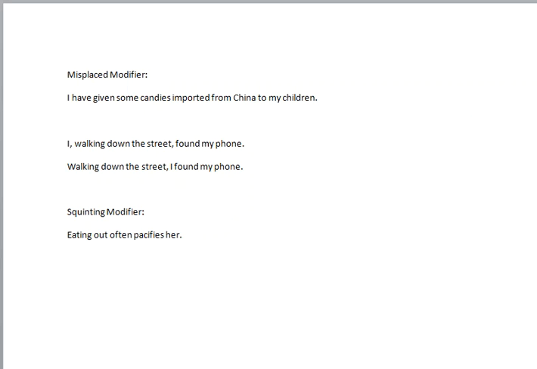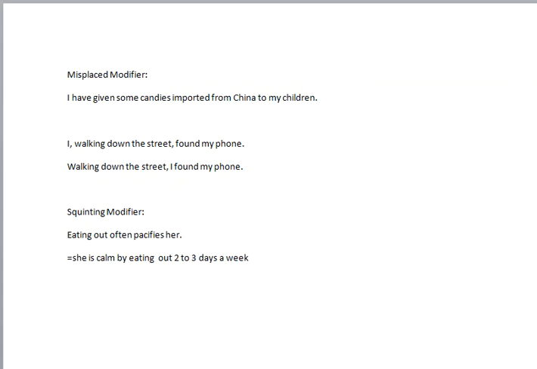Are we talking about the fact that she is calm? So here's what is implied. She is calm when eating out two to three days a week.